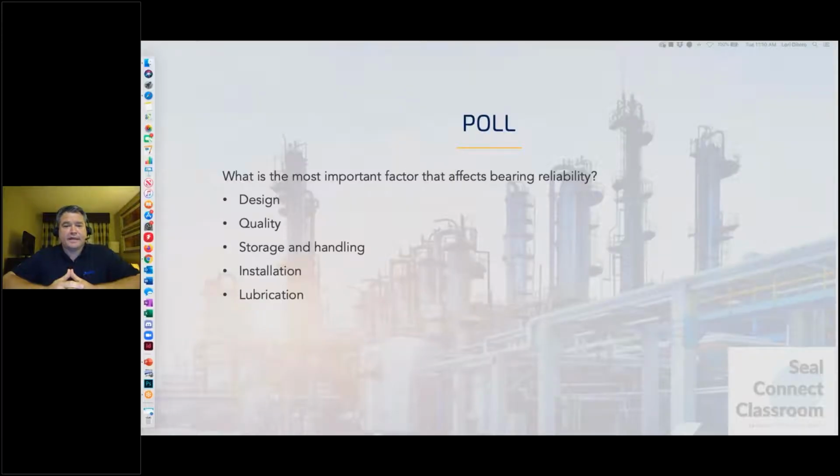Okay, that's expected. When you look at the poll, one way to answer it would be that the most important factor is the one that you're struggling with. It's basically a chain. As we talk about bearings, there's a chain of custody from design and quality, storage and handling, how we install them, the equipment condition, proper alignment and balance, and proper torquing of our fasteners.